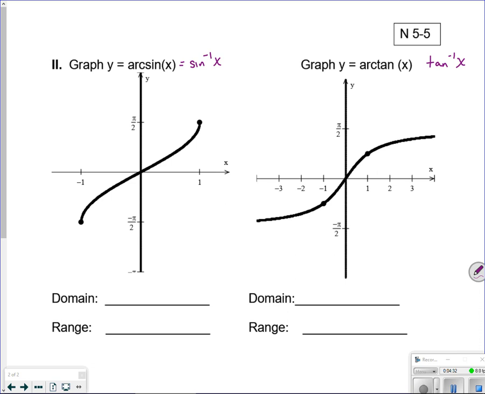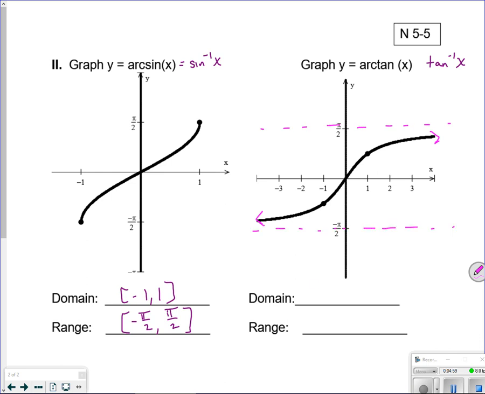Notice that for arc sine, the domain is still -1 to 1. So I'm doing the domain and range of this specific graph. But notice that the range, or the principal interval, is -pi over 2 to pi over 2. With this arc tangent graph, there are arrows here, and you have an asymptote here.